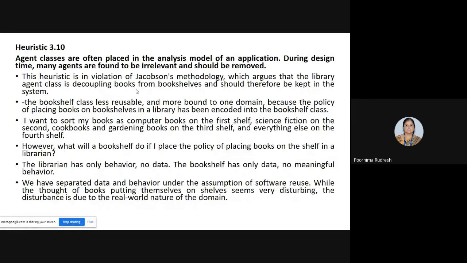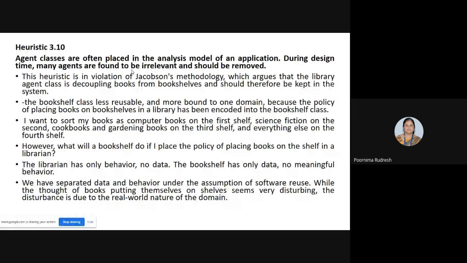Understood? The book class itself consists of the policy of placing the books on bookshelves. Clear? It is bound to a single domain and hence it is less reusable. Why? Let me consider one example. Suppose I have the books and bookshelves.